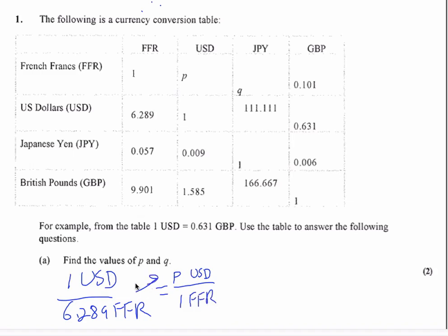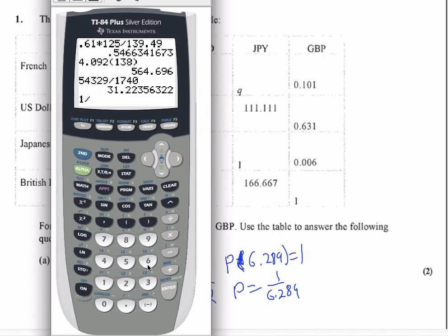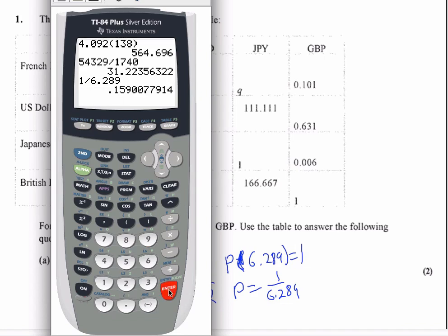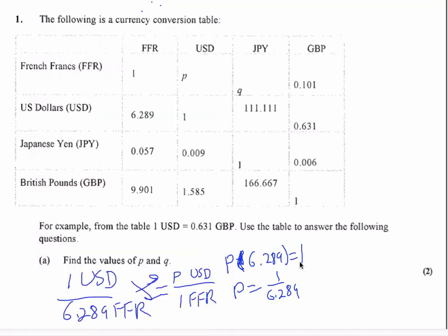Then we can cross multiply, and we get that P times 6.289 equals 1, so P equals 1 divided by 6.289, which is 0.159 to three significant figures. So this is approximately 0.159.